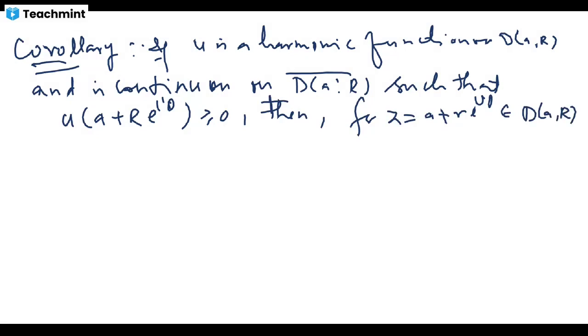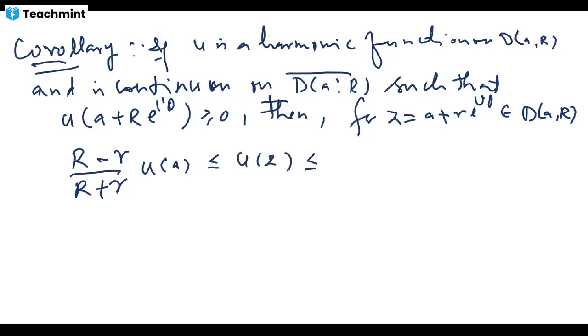We'll have this inequality: (R minus r) upon (R plus r) times u of A is less than or equal to u at z, which is less than or equal to (R plus r) upon (R minus r) times u of A. Since we are taking z in the disk D(A, R), small r is a number less than capital R and greater than or equal to 0.